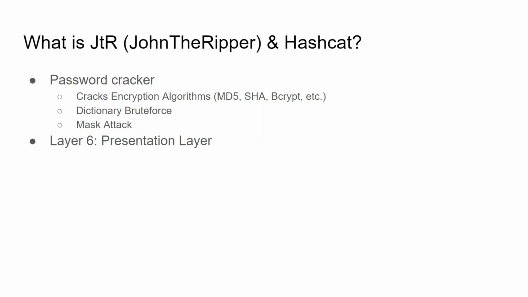It will try every single 5-digit number, create that kind of password word list, do the encryption, and compare the hashes. So a mask attack is definitely really slow. Same as curl, it takes place on the presentation layer because it's all encryption and decryption.